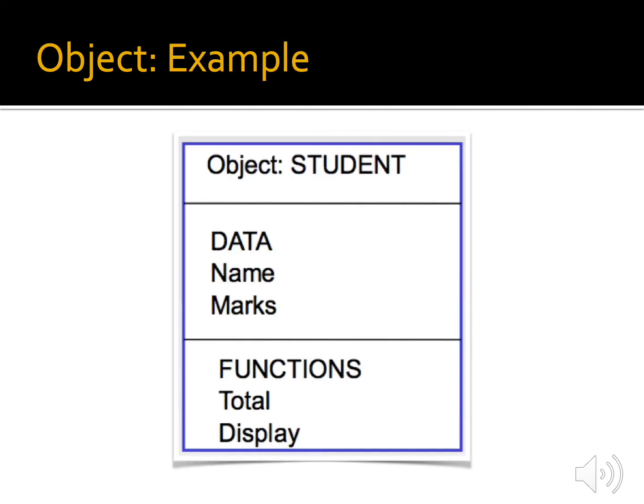This is an example of an object. The object is student, and this is its structure. The first box represents the data, the information that you have to store about the object. We know that a student has ID information, name, marks, emails, and so many things. The next box shows the functions and methods, the functionality or processes that we have to implement or perform for this entity.